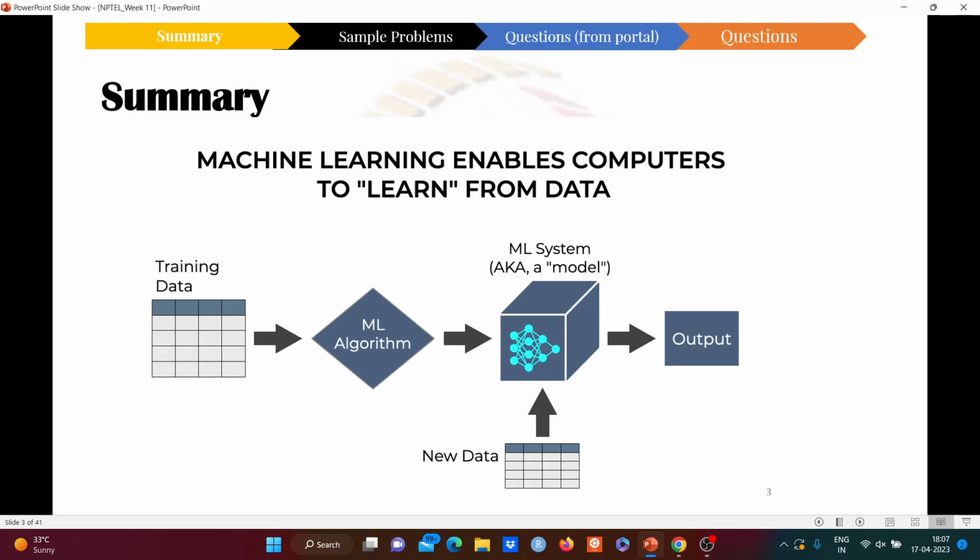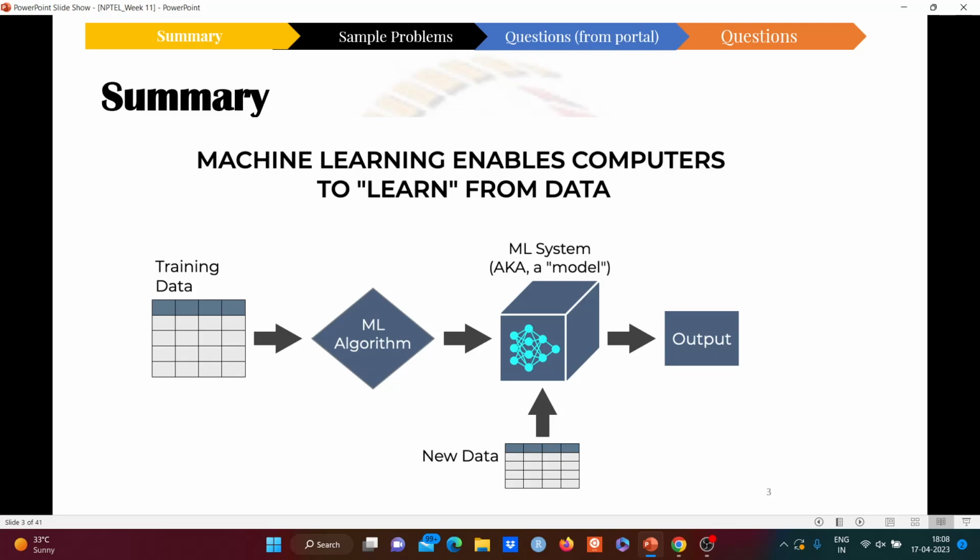For example, in image recognition, a machine learning algorithm can be trained on large data sets of images labeled with different categories such as cat or dog. The algorithm learns to identify the features and patterns that distinguish cats from dogs. Once it has learned, it can be used to identify whether a new image contains a cat or a dog.